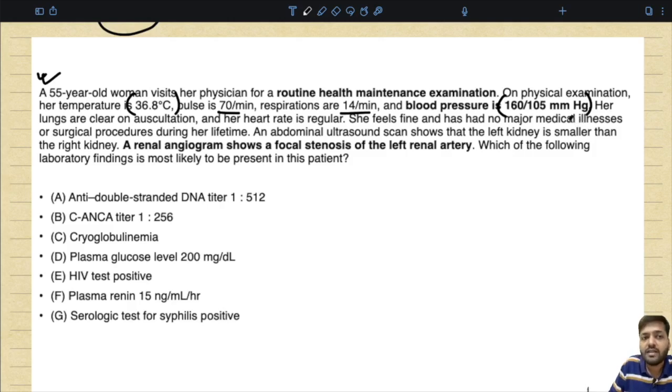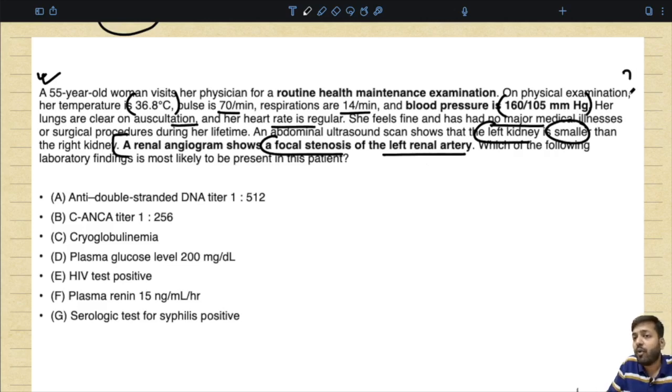Now, her lungs are clear on auscultation and her heart rate is regular. She feels fine and has no major medical illnesses or surgical procedures during her lifetime. An abdominal ultrasound scan shows that the left kidney is smaller than the right kidney. A renal angiogram shows a focal stenosis of the left renal artery. Which of the following lab findings is most likely to be present in this patient?